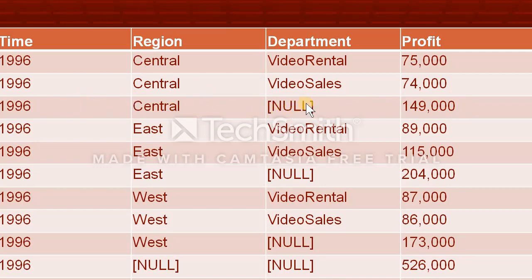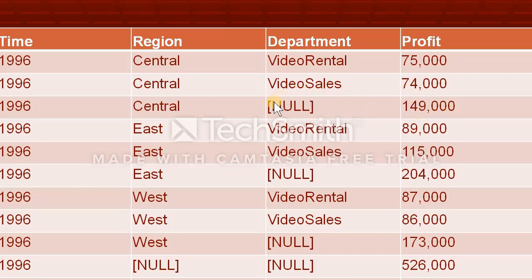Now, if we take a look at the department name column, we already said that we have only two departments. If we take the profit of the two departments above and sum them, it will sum up to this value. So the two departments in the central region in 1996 have a profit of this amount.